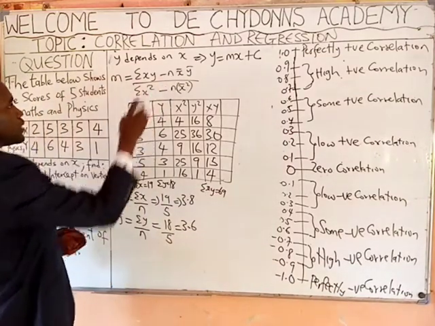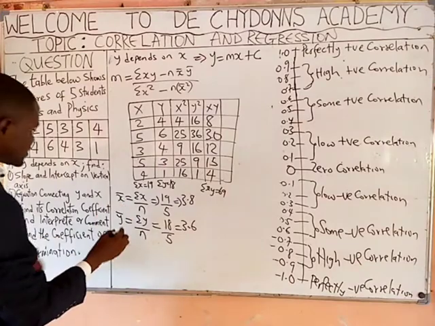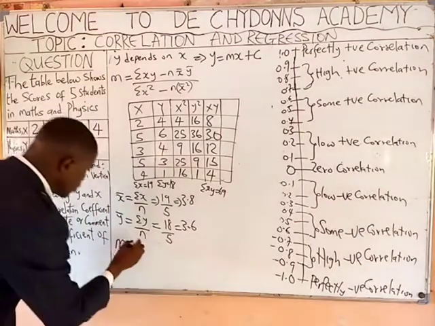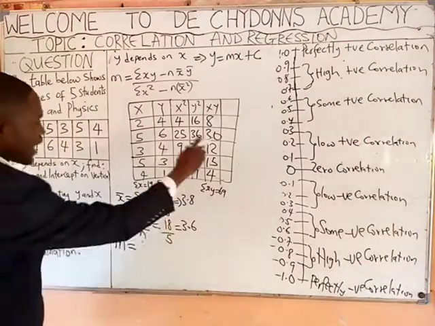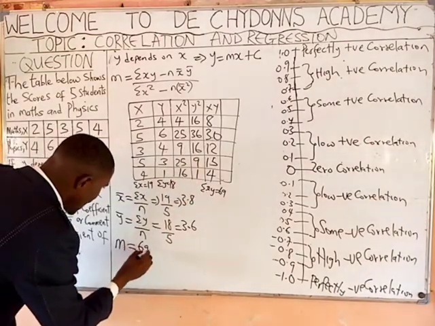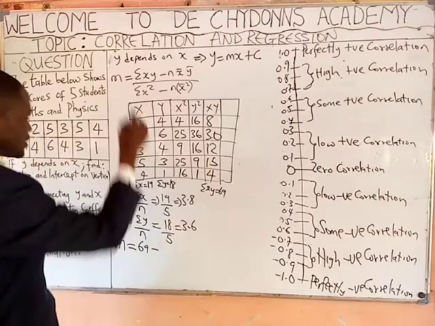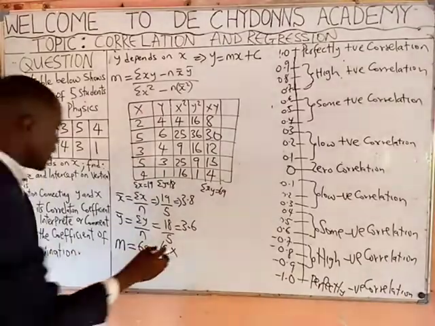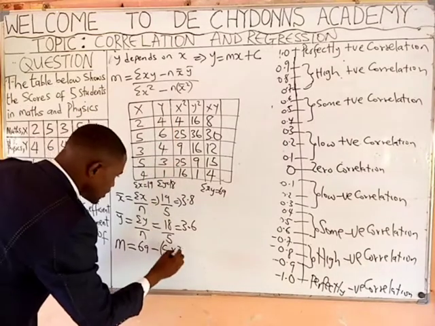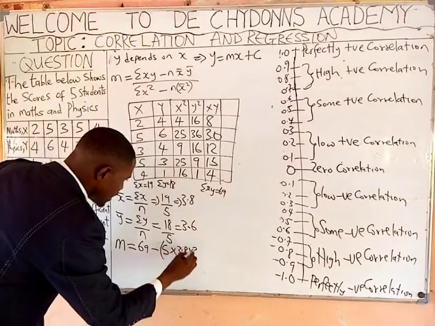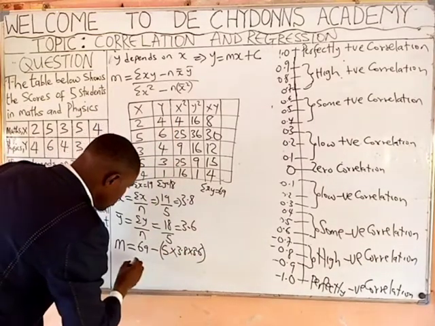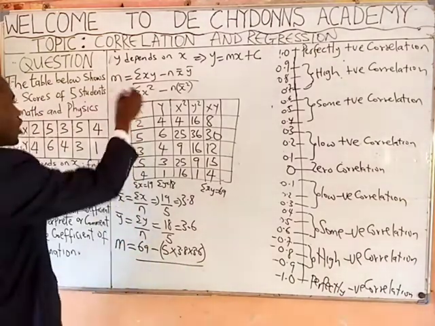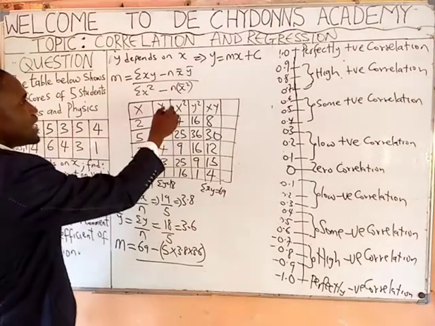Now, you put them inside the formula. We now say that your slope m is equal to summation of xy, 69, minus n, which is 5, times mean of x, 3.8, times 3.6, all over summation of x squared. Now let's add x squared.